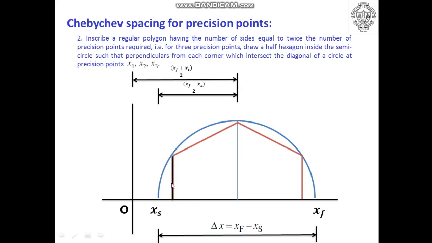When we draw a perpendicular from the first corner projected towards the x-axis, this point is considered as precision point number 1, which is x1.